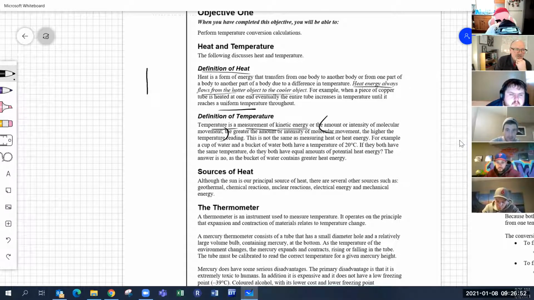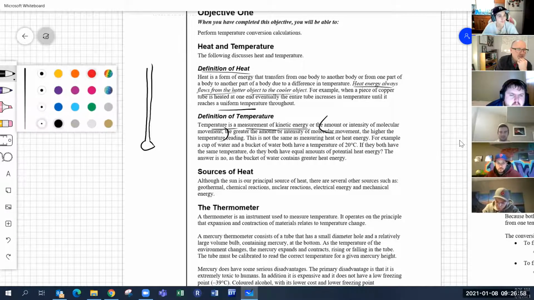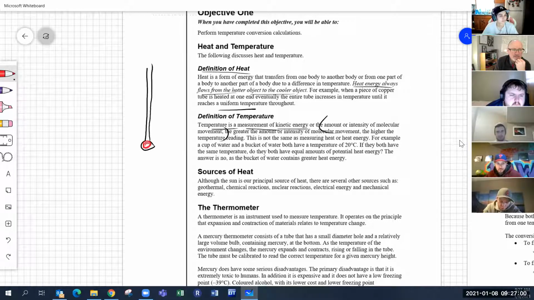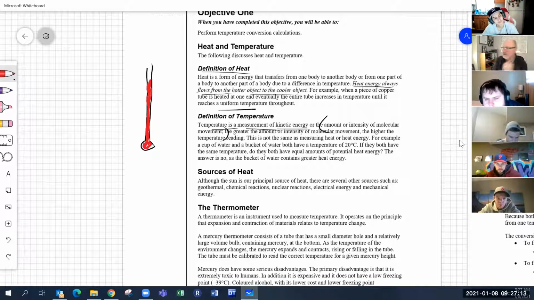So if you visualize a thermometer filled with an alcohol-based liquid, as you heat it up, those molecules get excited and they start getting bigger. As it gets heated up more, those molecules get even more excited and it gets bigger and bigger. So that's really the measurement of molecular movement, right?